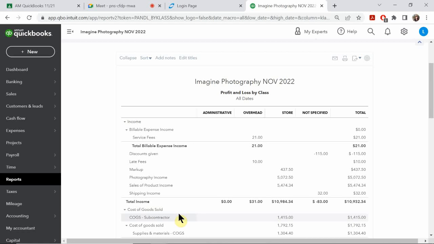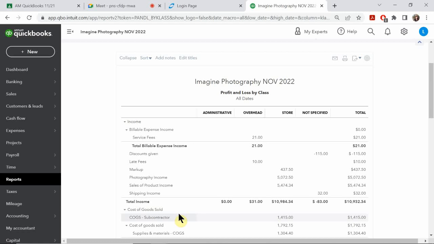Right now, I am told that I have a negative $115 and a positive $32. So what I need to do here is transfer that negative discounts given and classify it as one of the store locations or store classes, or an overhead class.